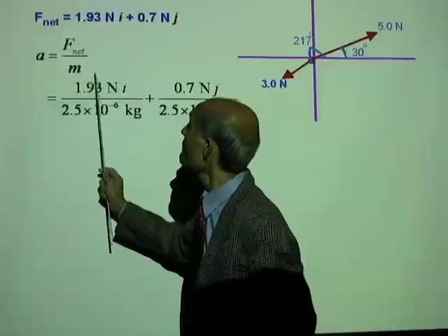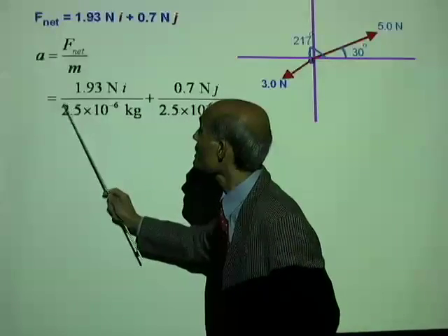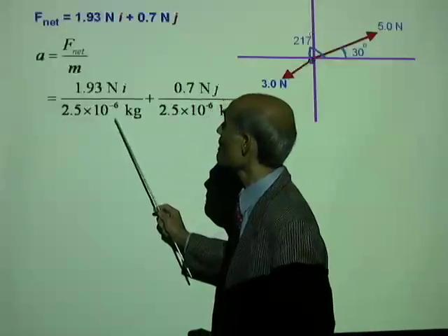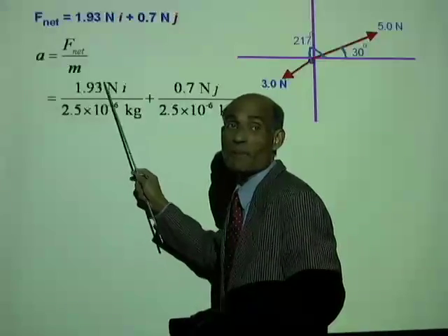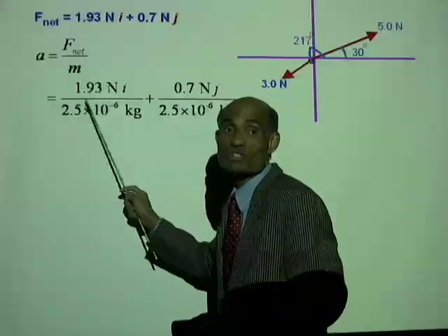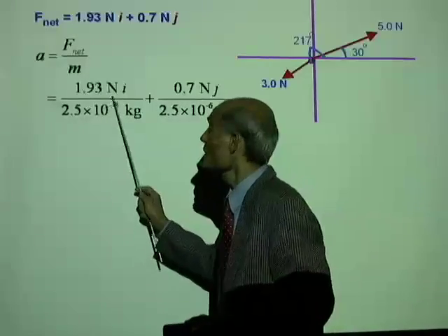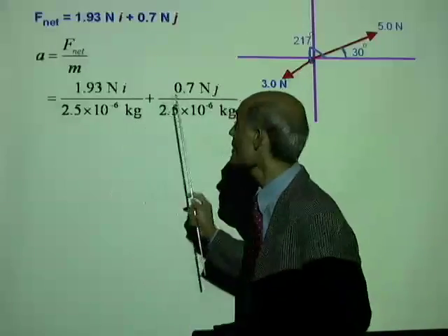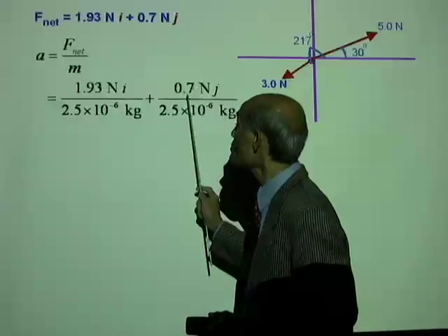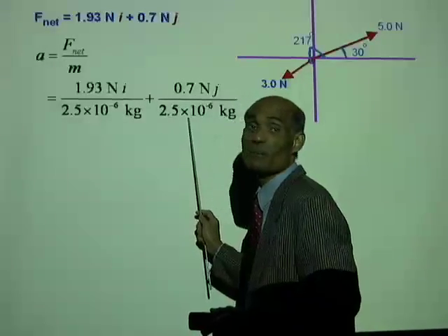So this will be 1.93 divided by 2.5 times 10 to the 6 F over m, the x force divided by the mass, and that will be the x component of the acceleration. The y force divided by the mass.